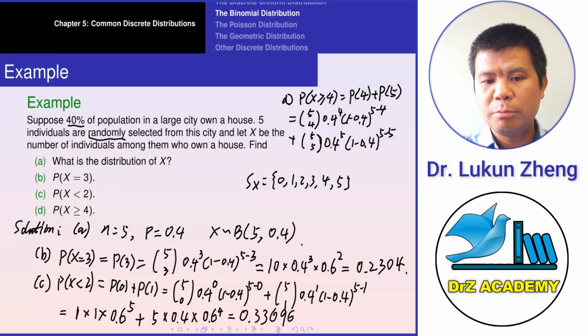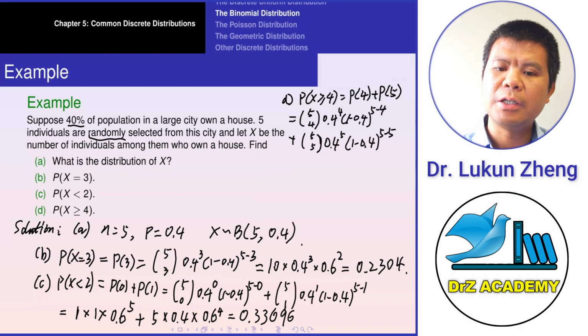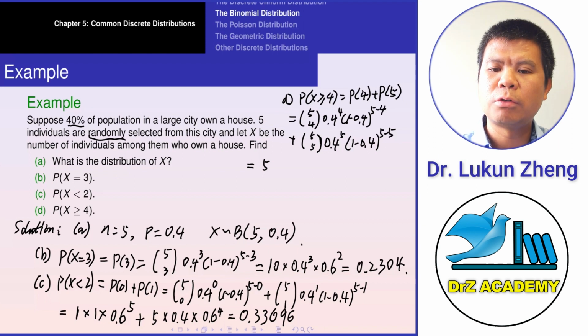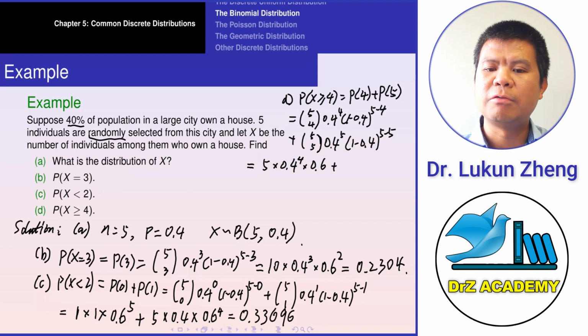Let me just erase this part. So this one equals 5 choose 4, that's 5 times 0.4 to the power 4 times 0.6 to the power 1, plus 5 choose 5, which is 1, times 0.4 to the power 5 times 0.6 to the power 0, which is 1.